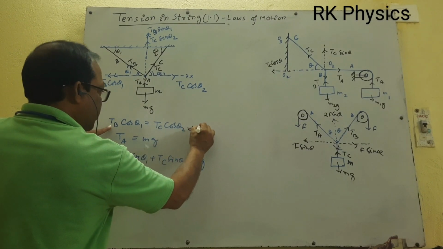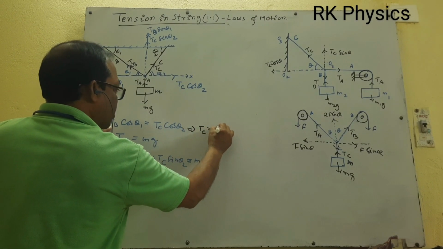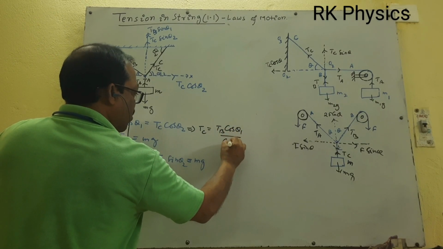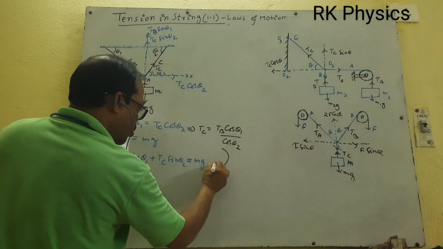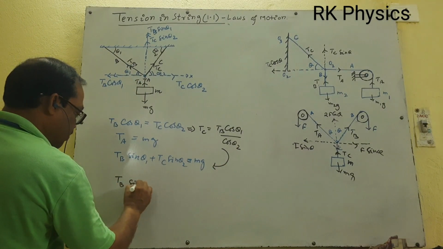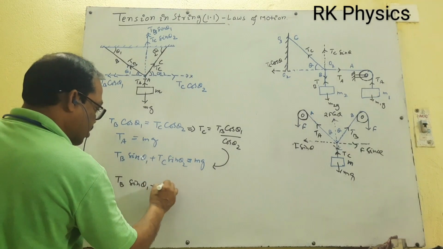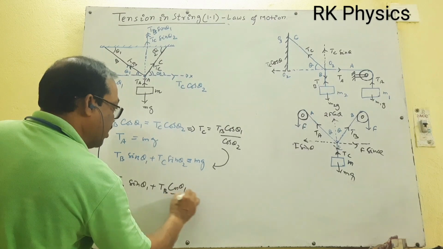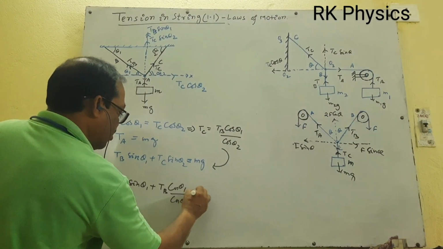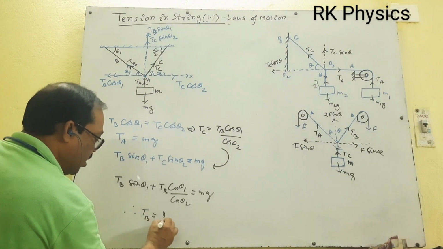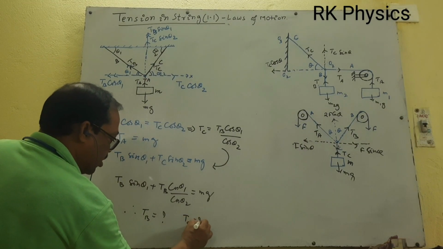From this you write TC equal to TB cos theta 1 divided by cos theta 2. If you put the value of TC in this equation, you write TB sin theta 1 plus TB cos theta 1 divided by cos theta 2, times sin theta 2, equal to mg. So find out what is TB, then what is TC.